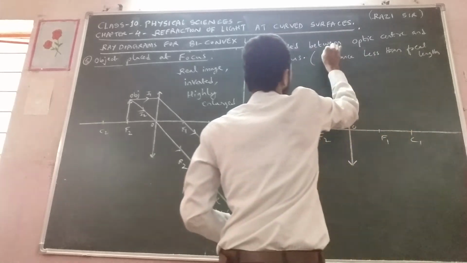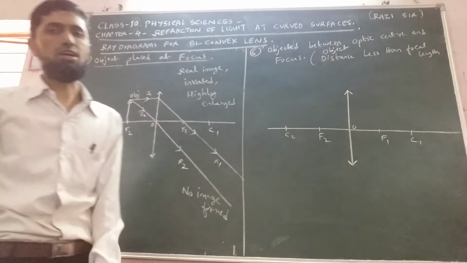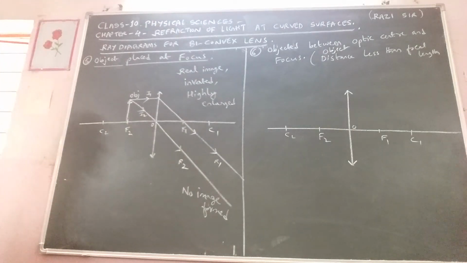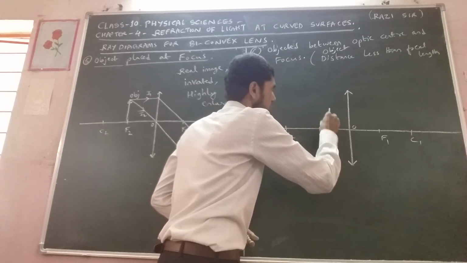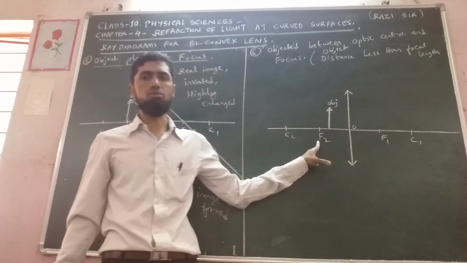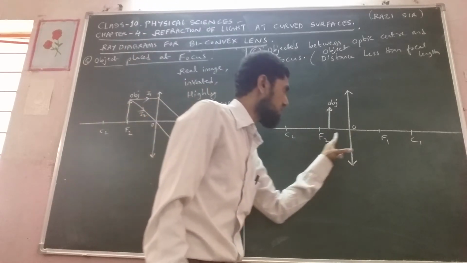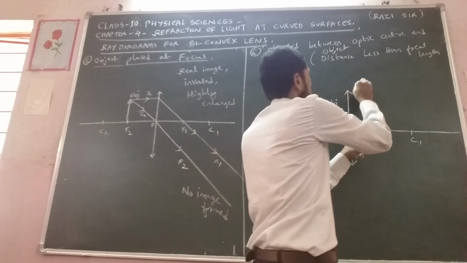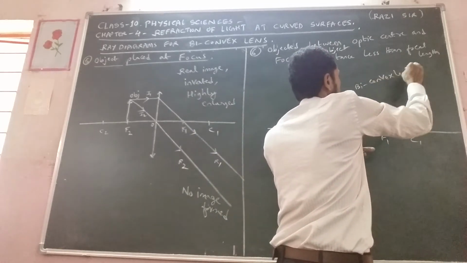Which distance? Object distance less than focal length. So in that case, what is our observation? Let us take the object which is placed in between f2 and the optic center, or in between the focus and the lens. What is the lens we have here? We have a biconvex lens.